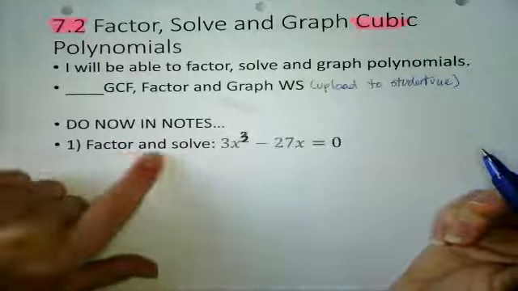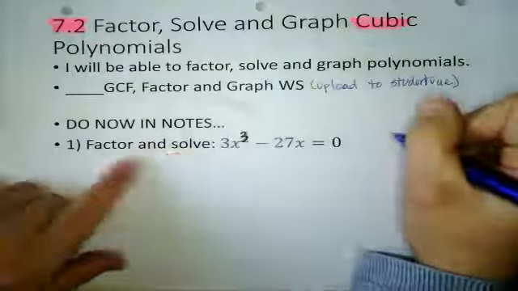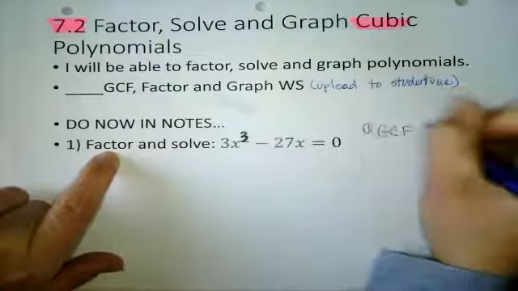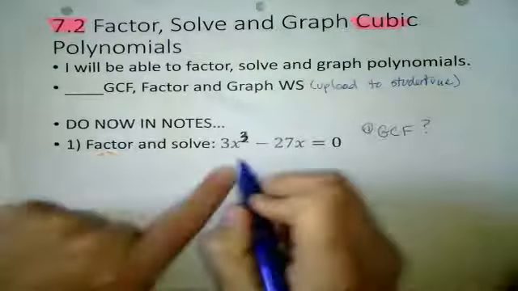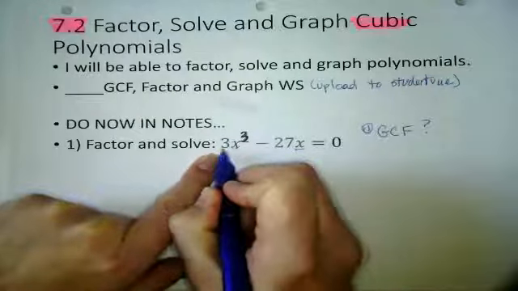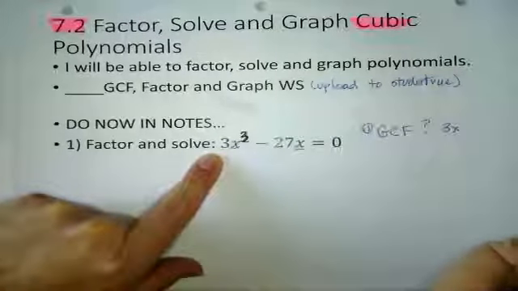So factor and solve. We've actually done this before. When we are factoring, the first thing we want to do is ask ourselves, is there a greatest common factor? And so when I look at these two terms, I see that they have an x in common, but they also have a 3 that we can take out. So in this case, there's a 3x.